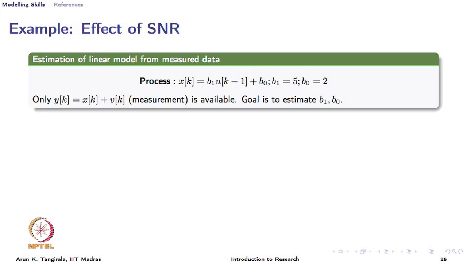To give you a simple example, I have a process here which I am going to simulate. U is the input, B1 and B0 are parameters that I choose, and X is the true response of the process, but I do not have access to the true response.